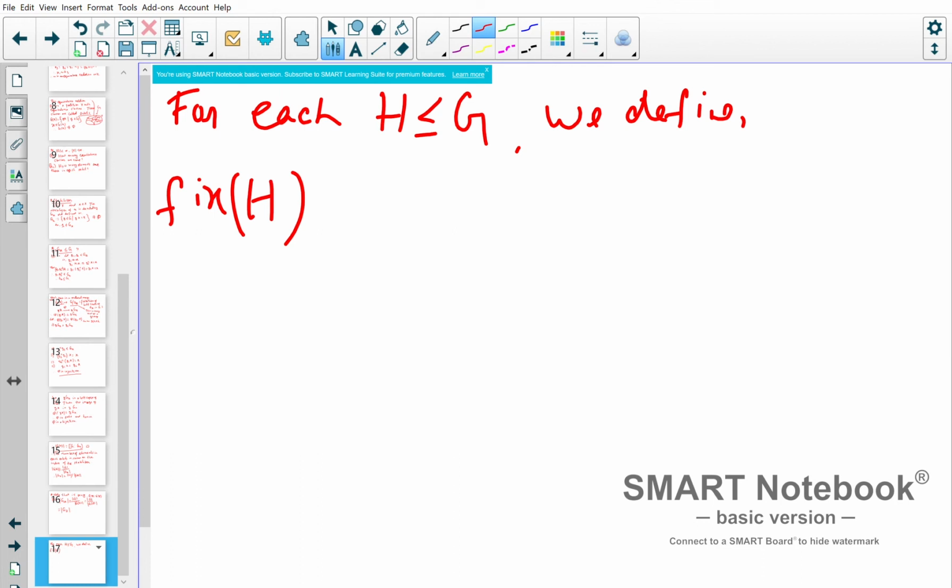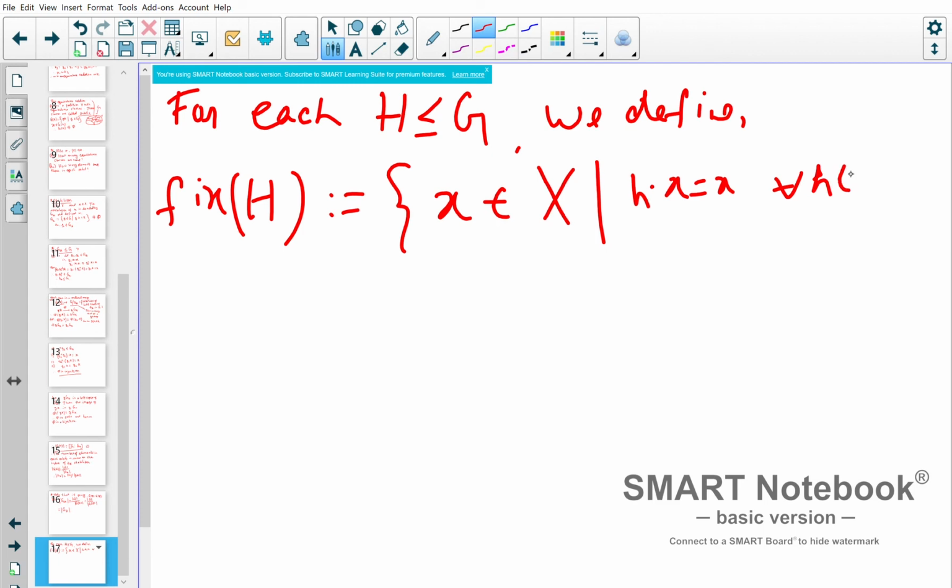So what is that? This is the collection of all the elements x inside X such that x is fixed by every element of H, for all h belonging to H. Clear? Obviously you can define it for a single element also.